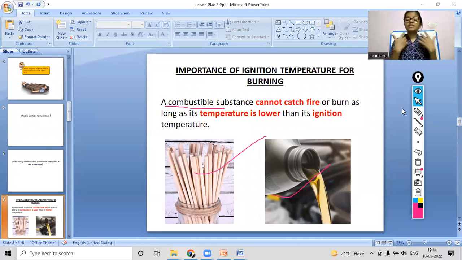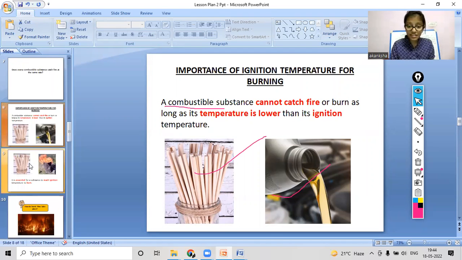This is the reason that they burn at different rates. So now you know the reason for combustible things burning at different rates: every combustible substance has a different ignition temperature for its burning. So this is the main reason. Okay, now we will move on ahead.